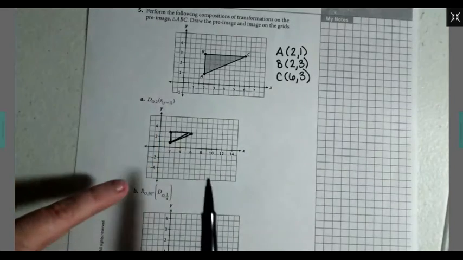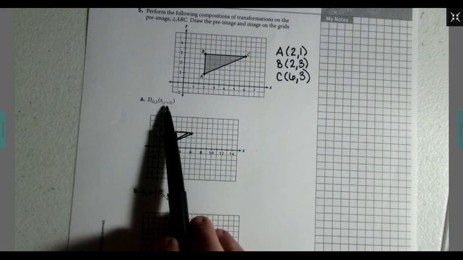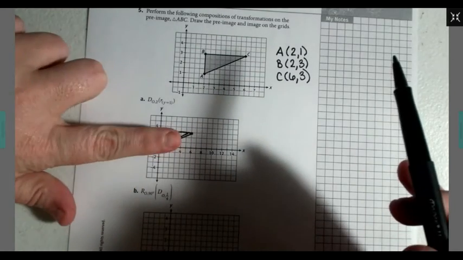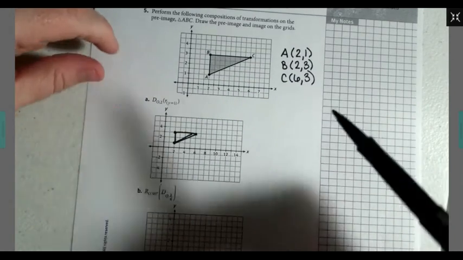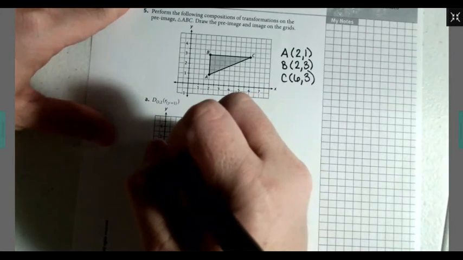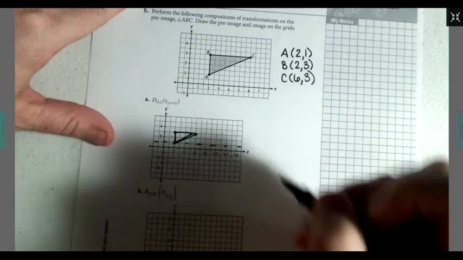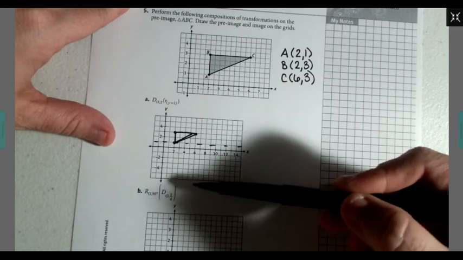Here's my original picture. Now it wants me to reflect this across the equation y equals 1. Y equals 1 is this line right here. Kind of make a dashed line here. So we're basically going to fold across this line, and all my pictures are going to be a mirror image of that.